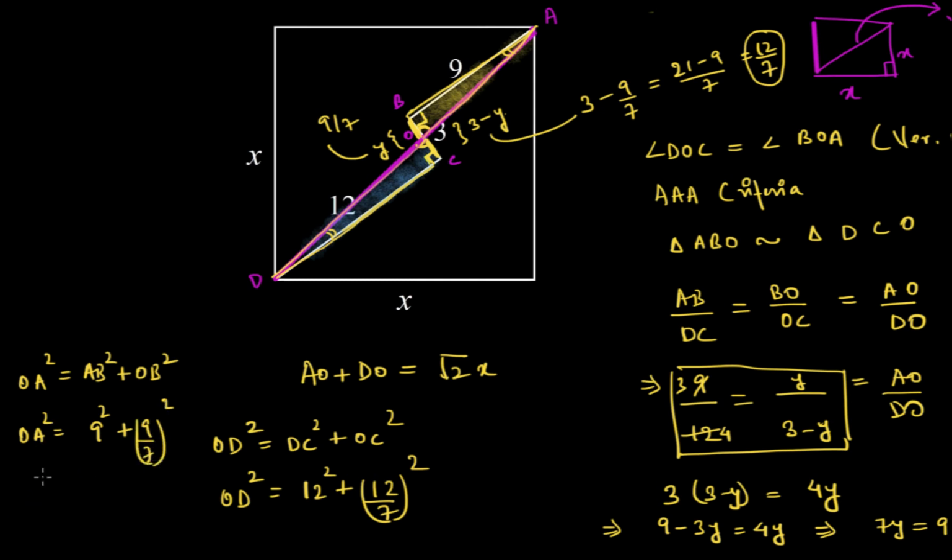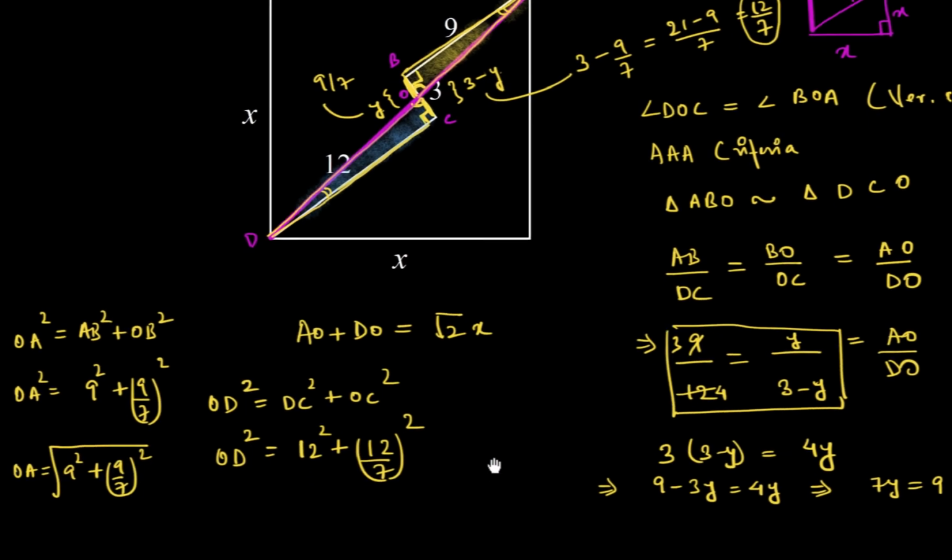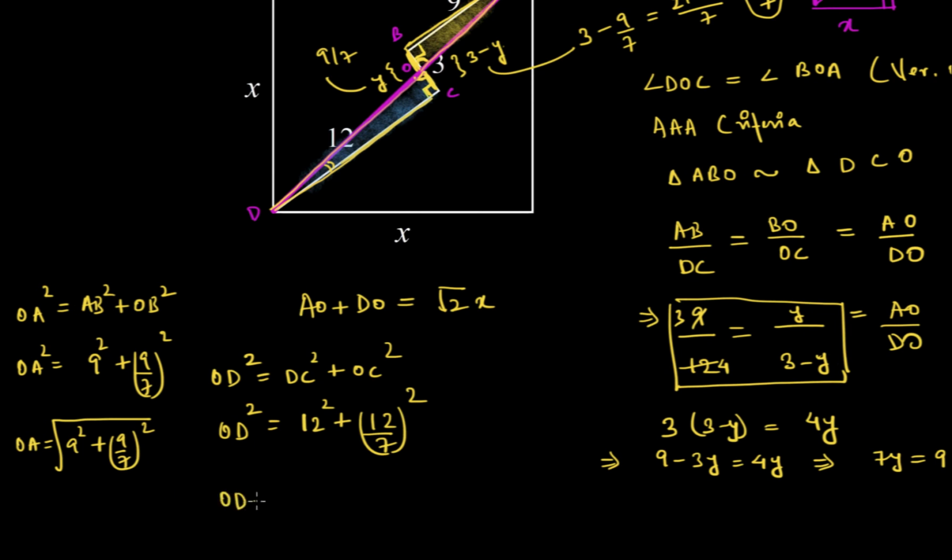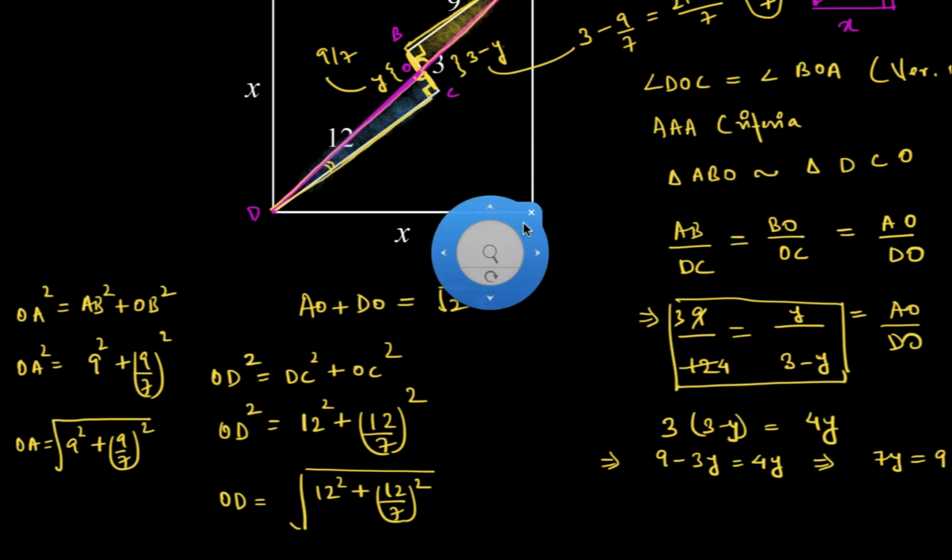So using this equation, I can write OA is equal to under root of 9 square plus 9 upon 7 whole square. And using this equation, I can write OD is equal to under root of 12 square plus 12 upon 7 whole square. Now it might look complicated at first, but trust me, the calculations will become simpler the moment we start solving it. Now we know that OA plus OD is root 2x.